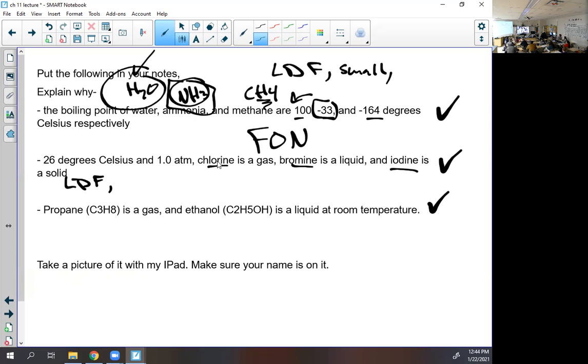So what's the difference between chlorine, bromine, and iodine? We said it yesterday. All right, size and number of electrons. The more electrons or the more massive you are, because they go together, the greater the intermolecular forces.